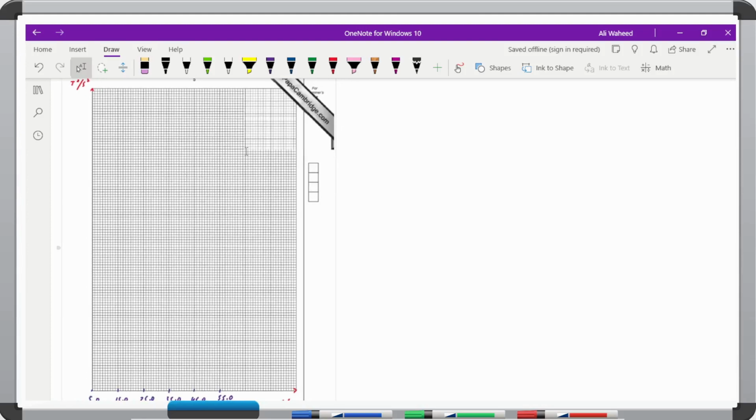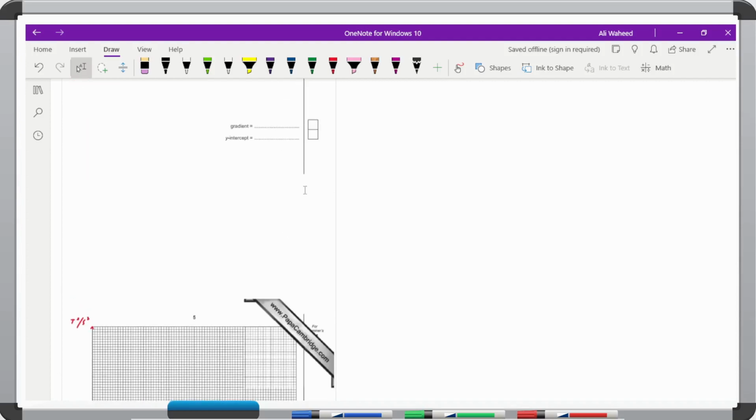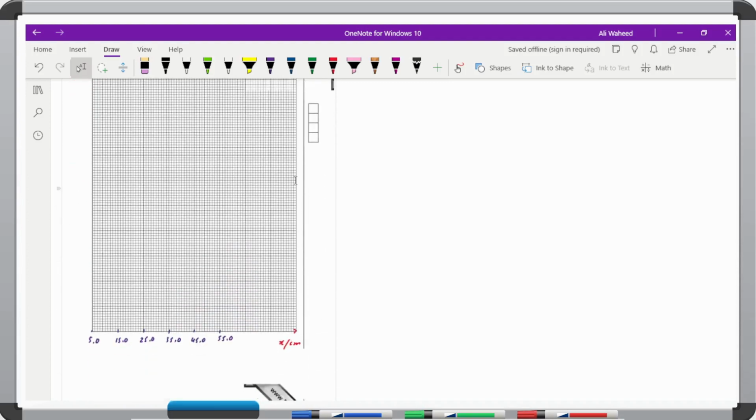Scaling one of the axes is slightly more difficult compared to the other one. For that one, we have a formula.